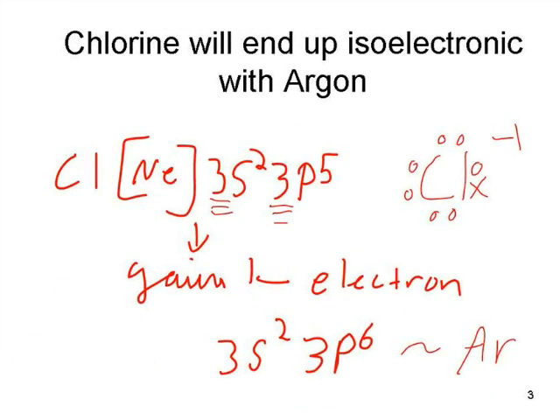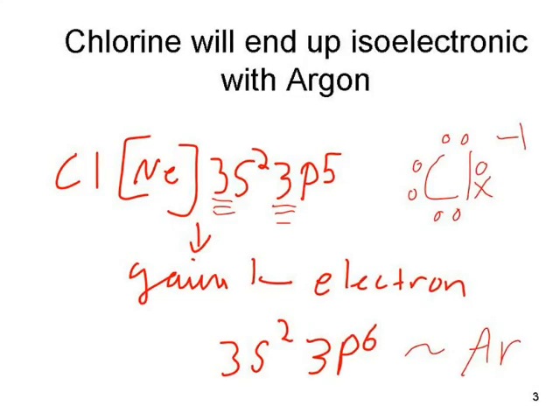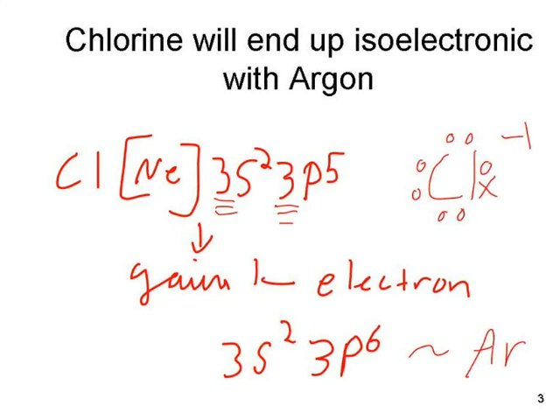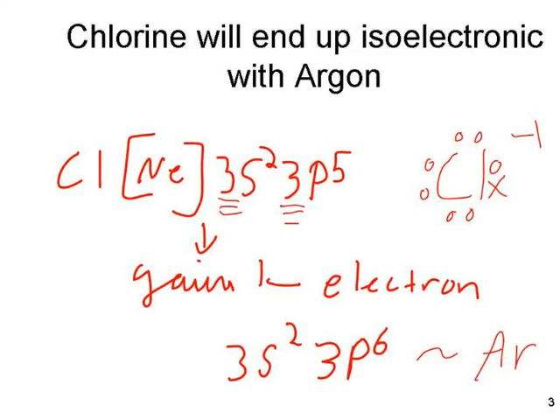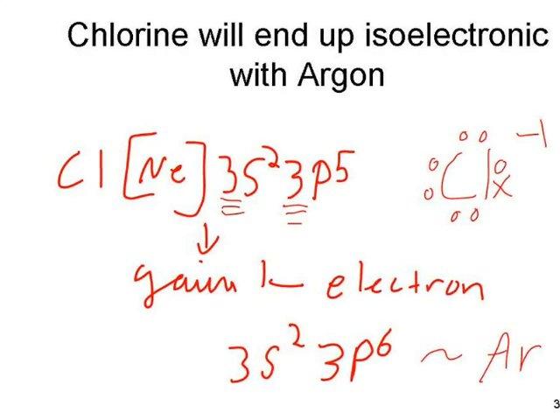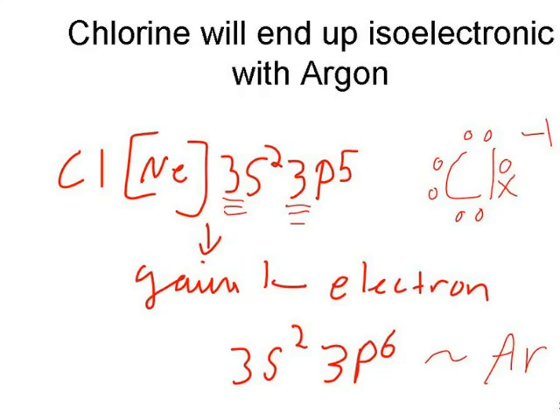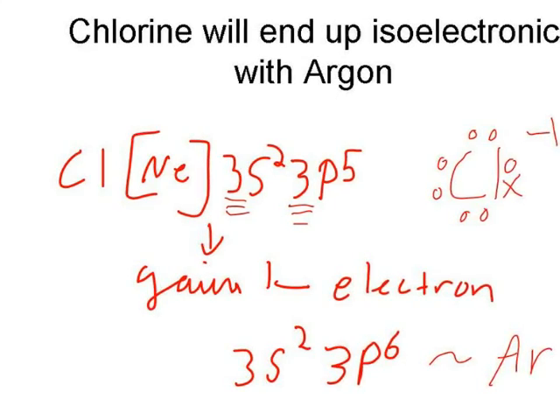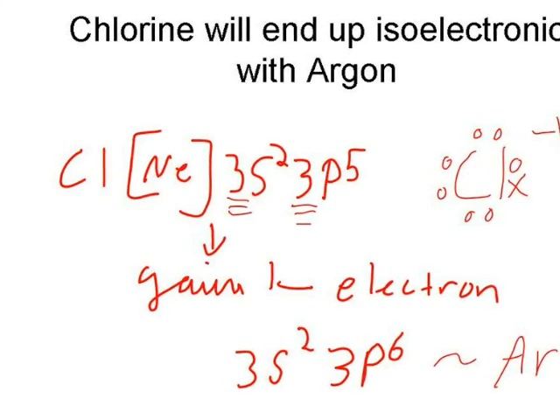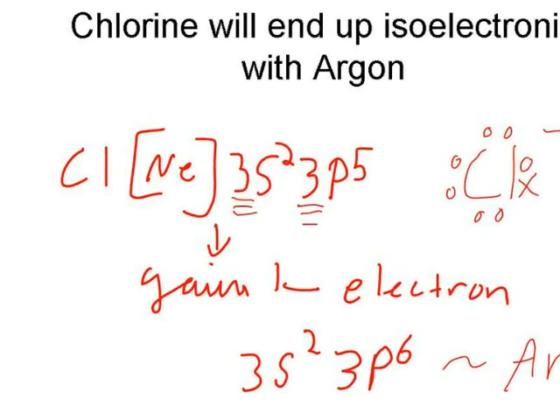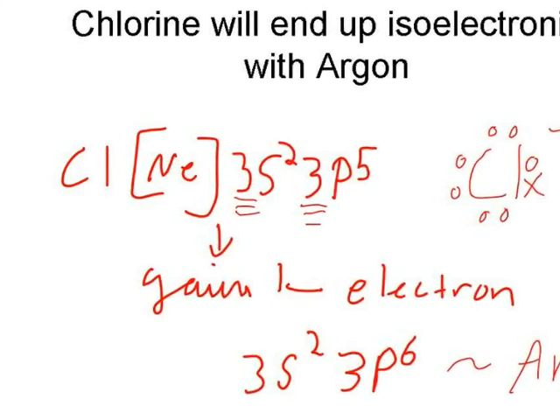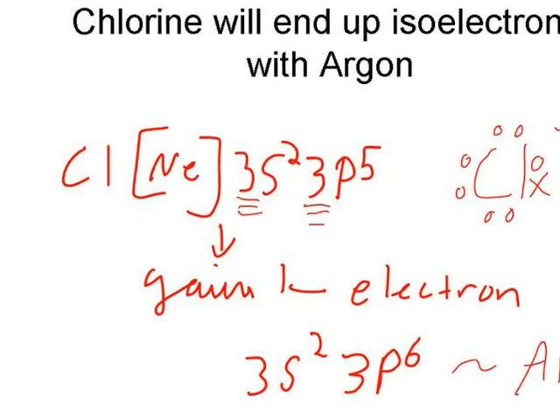Chlorine, on the other hand, looks like neon and then 7 extras, 3s2, 3p5. It has 7 dots, 7 electrons, 7 valence electrons. It wants to end up isoelectronic with argon. Feel free to stop the presentation, look at your periodic table, find argon, find chlorine, and see that if chlorine would gain one more electron, it would have the same number of electrons as argon.